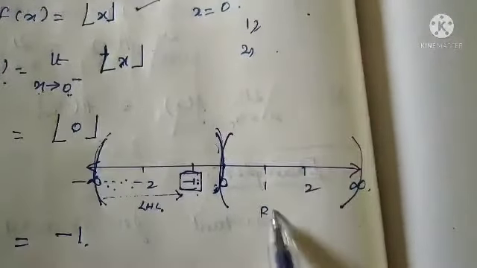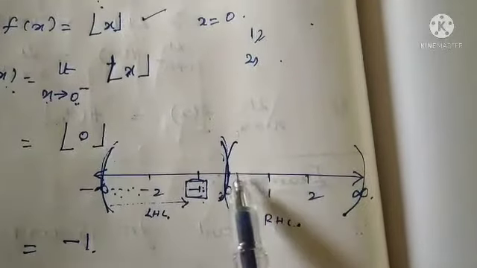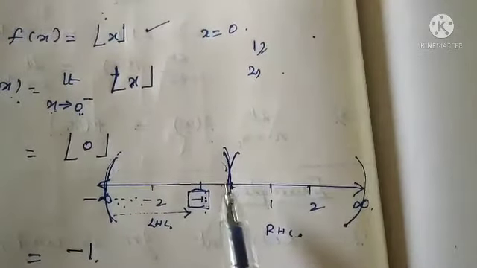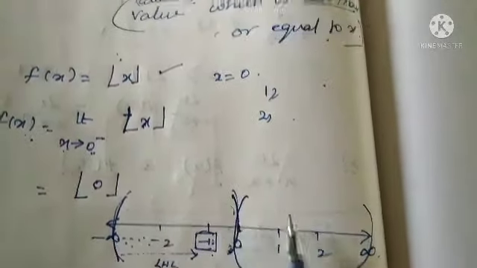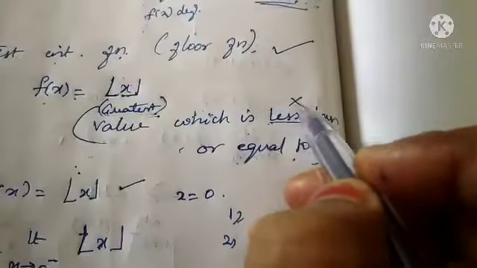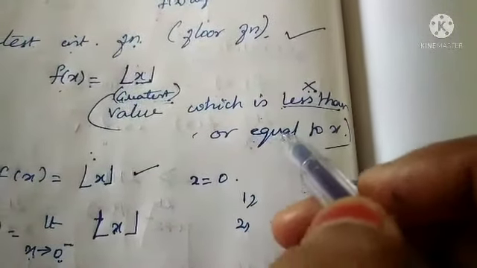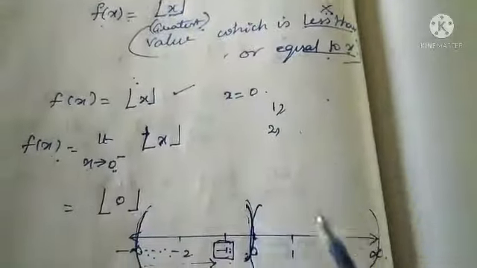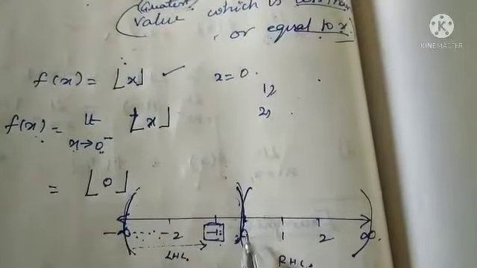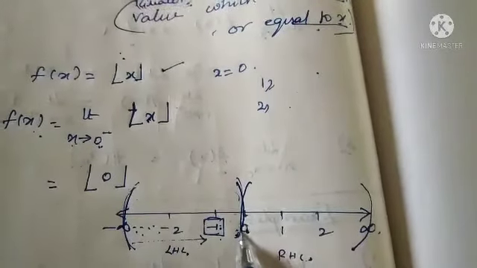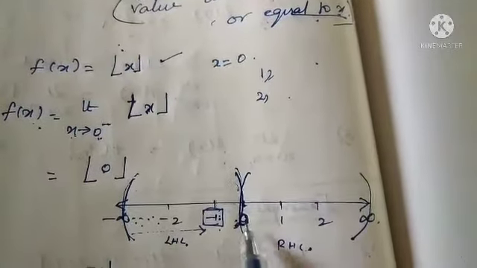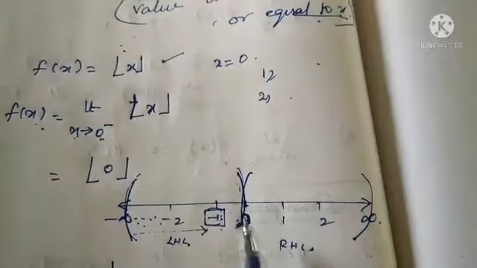when looking at the right hand limit, is there any number lesser than 0? No. So when there is no lesser number, you have to go for equal to x. Equal to x means here 0 itself. So the only option is 0, and the greatest number is also only 0.